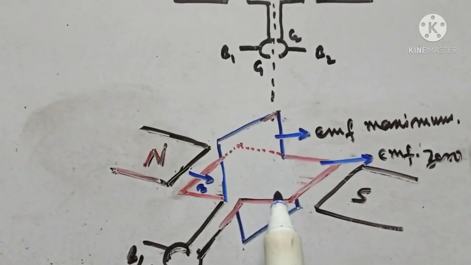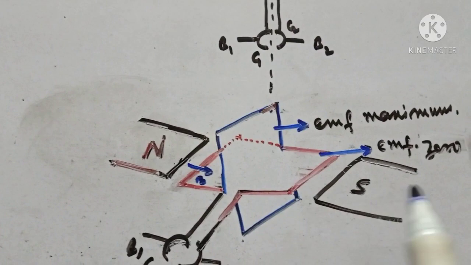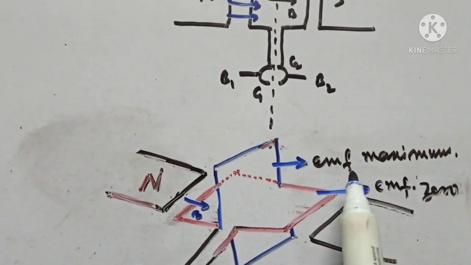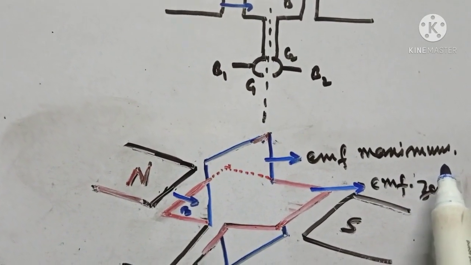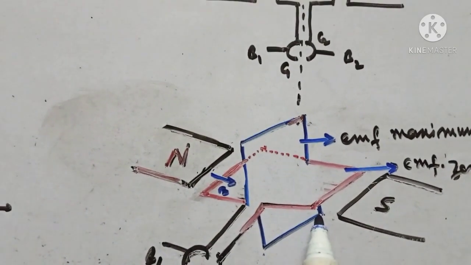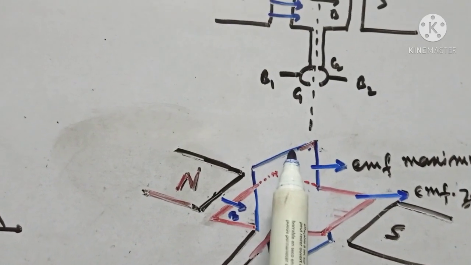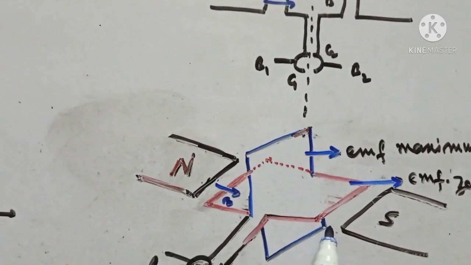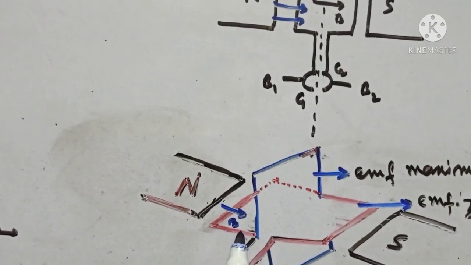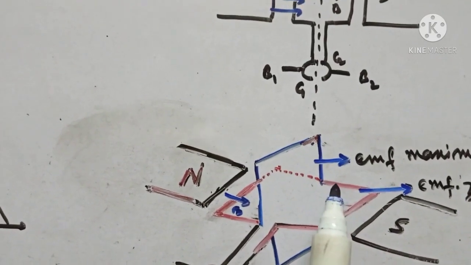You can see, when this coil is parallel to the magnetic field, here your EMF is 0, but this coil is perpendicular to the magnetic field, so here the EMF is maximum. When this coil becomes parallel to the magnetic field, its EMF becomes 0, but the other coil becomes perpendicular to the magnetic field and the EMF is maximum.